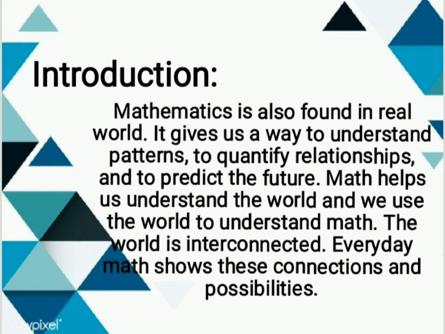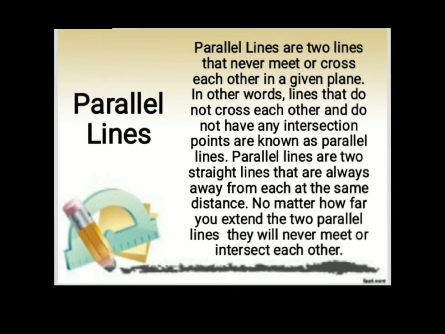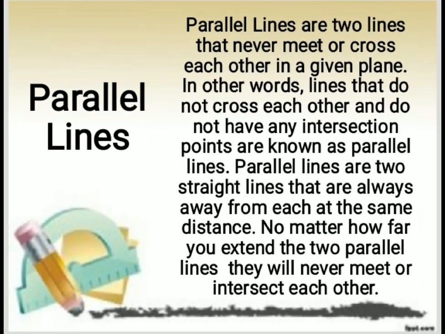So, first that I'm going to discuss that can be found in the real world is parallel lines. Parallel lines are two lines that never meet or cross each other in a given plane. In other words, lines that do not cross each other and do not have any intersection points are known as parallel lines.